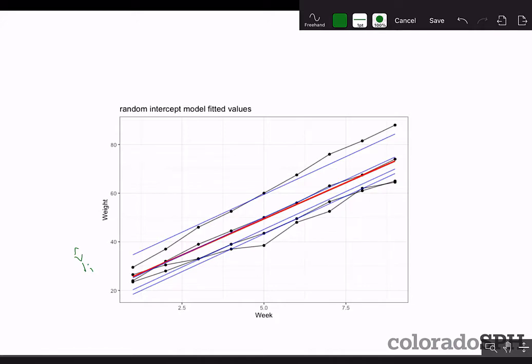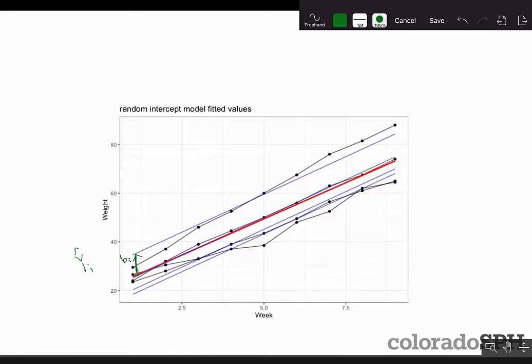You can see that the blue line for each pig is parallel to the population mean, but shifted based on that pig's own intercept. So the red line up to this blue line here would be one of those beta i intercept values. And you can see that the fits seem pretty reasonable here.